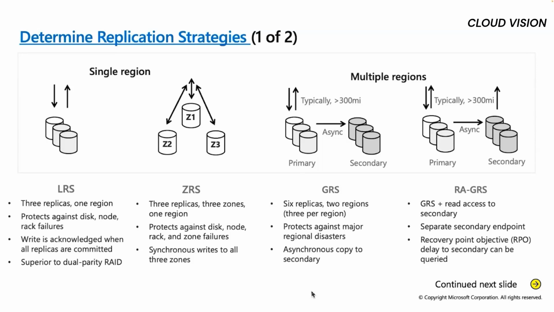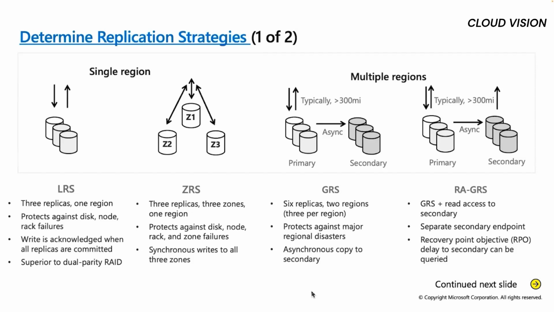The second one is zone redundant storage. As the name suggests, it again replicates 3 replicas, and it keeps them in 3 different zones within one region. In LRS, the data is kept in one zone, and if the zone fails, you've got a problem. If the region fails, you've got a problem. So you've got downtime there.